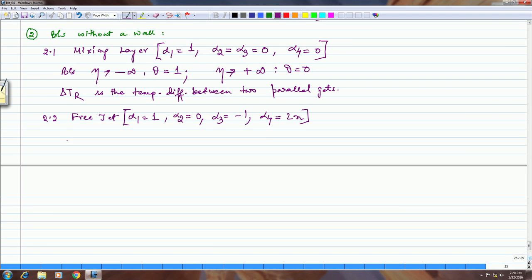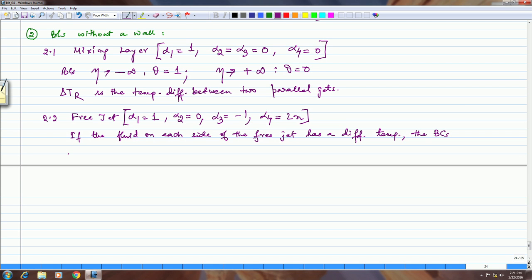Now, in this particular case, if the fluid on each side of the free jet has a different temperature, the boundary conditions are the following.